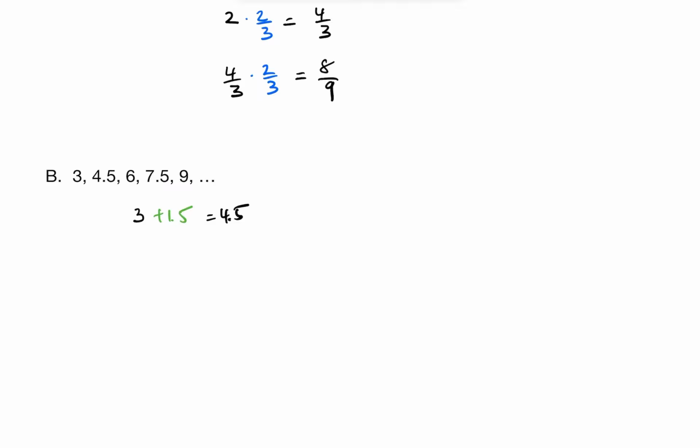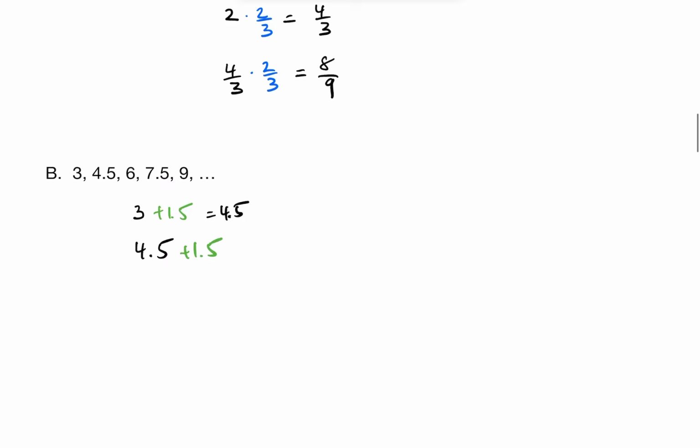Then if we take the second term and we add 1.5 again, that takes us to 6. And if you were to test that out for the next two terms, you'll see that you'll land at 7.5 and 9. Now this sequence, because we are adding, is not a geometric sequence.